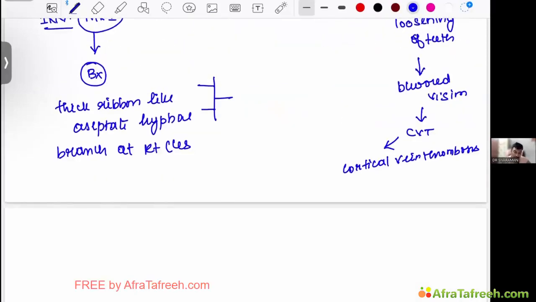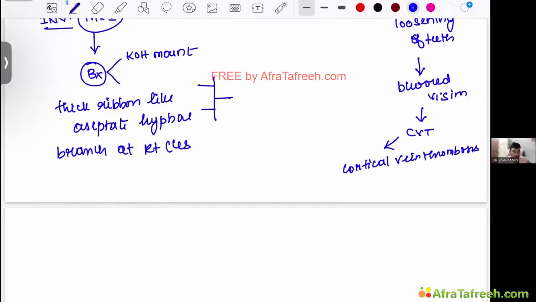You are going to use a KOH mount. You mount the biopsy specimen and see what kind of growth it is, and it is going to show aseptate hyphae at 90 degrees. This is very, very important.